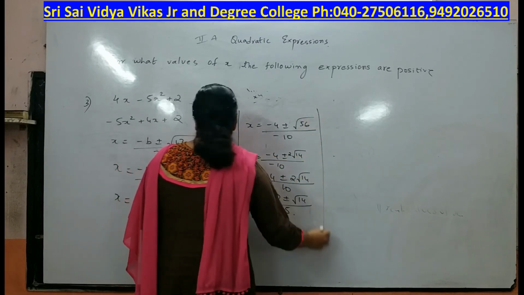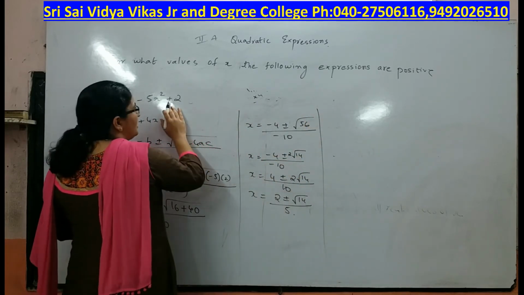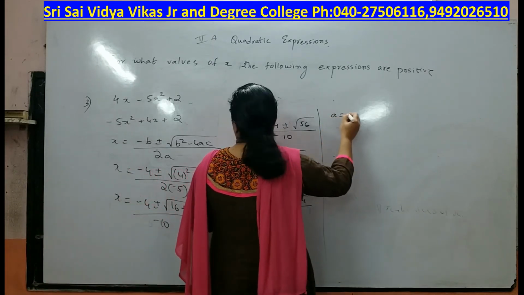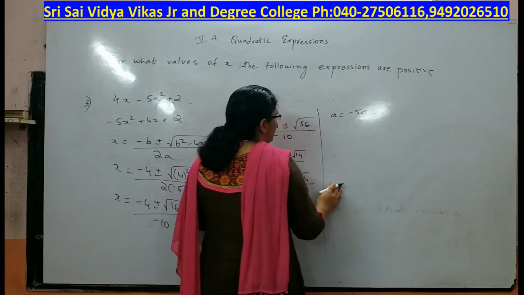So here, for this expression, a is equal to minus 5, which is less than 0.